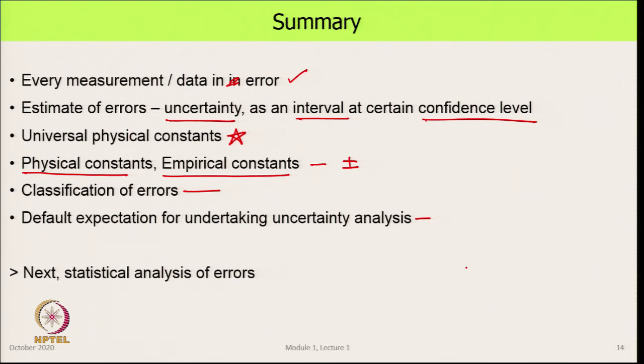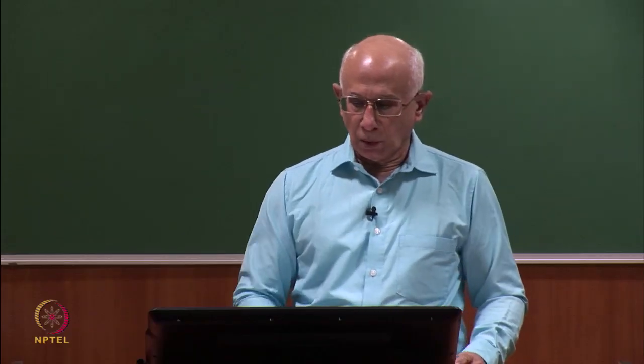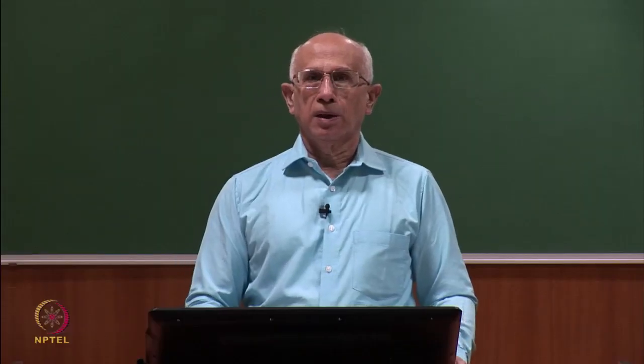With those preconditions, we will next move to how I take data about errors, use statistical analysis and get various values. We will pick this up in the next lecture. On that note, we conclude this lecture and thank you.